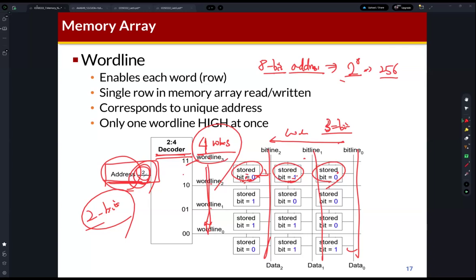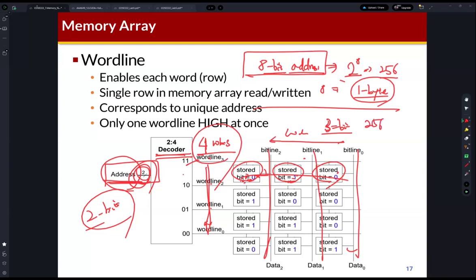And then we can change the bit width, the width of this memory. Let us suppose that the width is 8 bits, which means the width is 1 byte. Then what is the total size? We use the 8-bit address, so the total size of this memory is 256 multiplied by 1 byte.